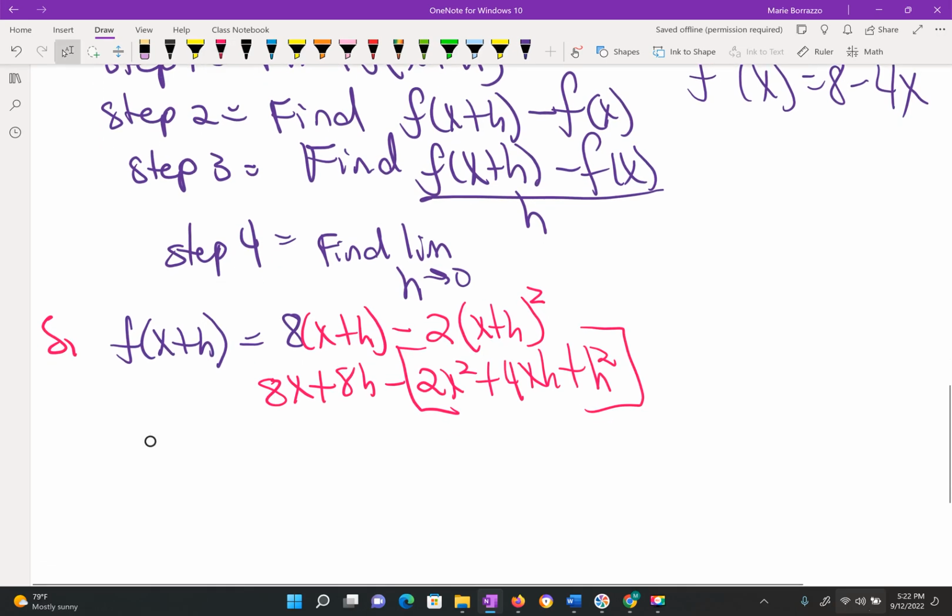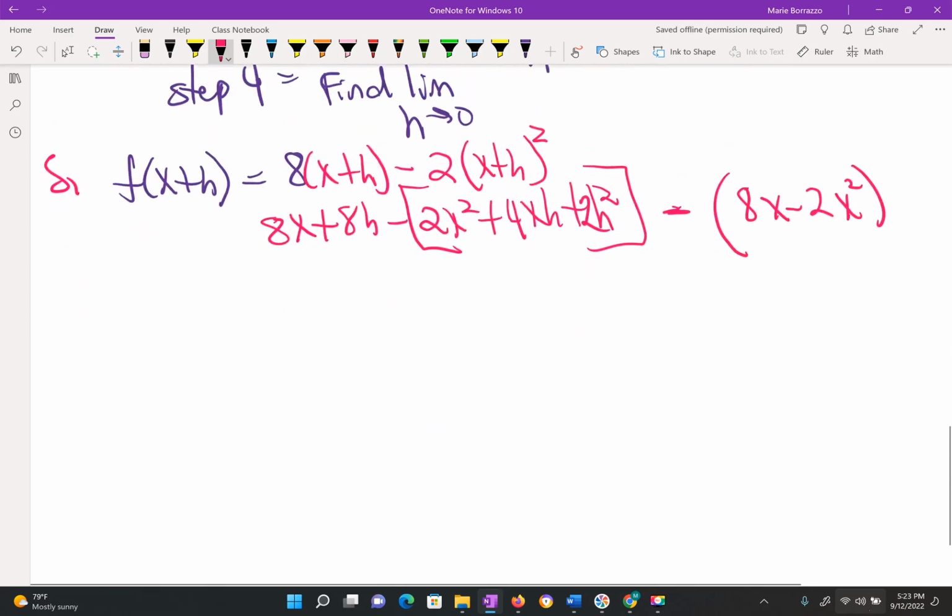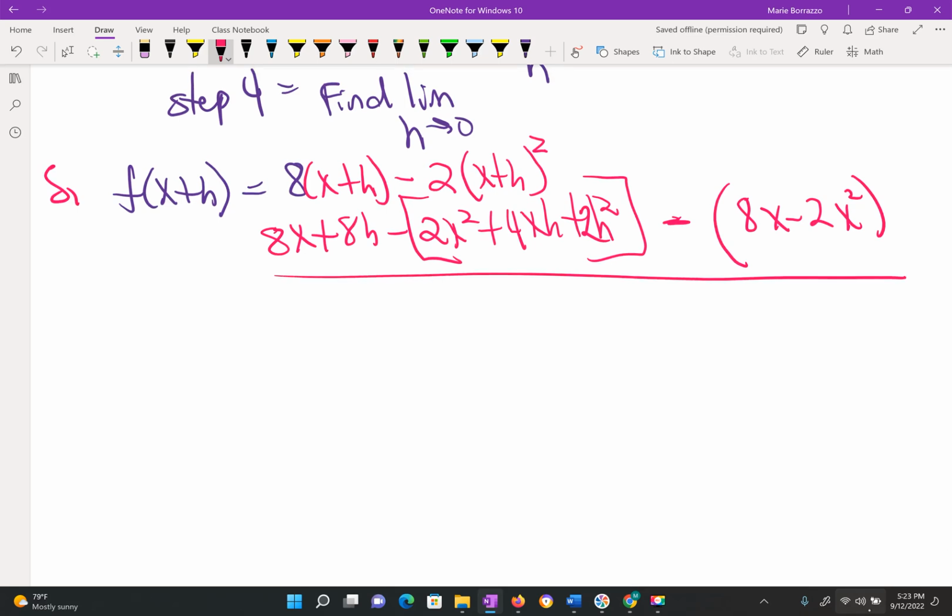And that's just the numerator. Would it be minus 2h squared? Oh, I missed the 2, yeah, you're right. And then minus the f of x, which is our lovely original, and all of this over h. That's what you should have.